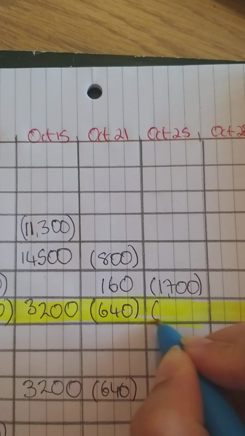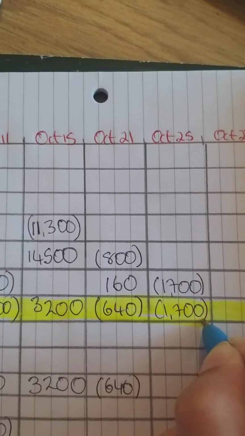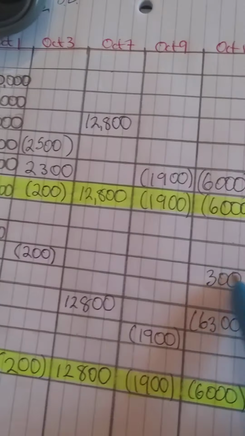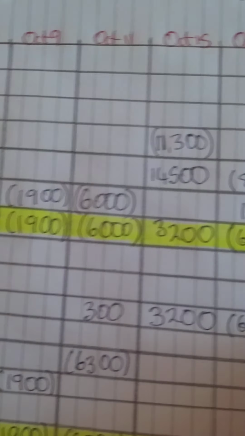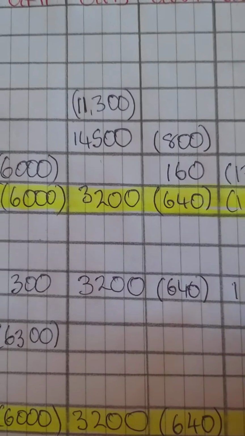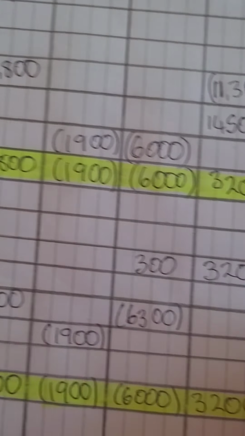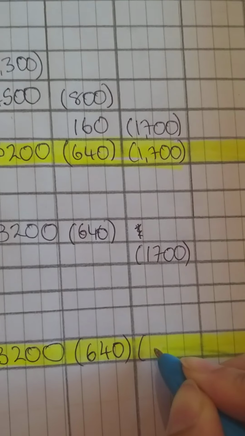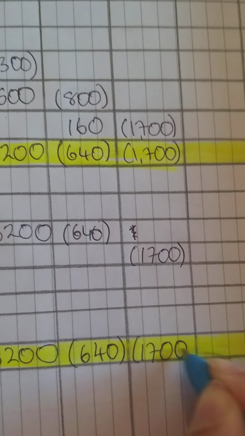So that'll give me a total of 1,700. And then we go to our profit and loss. Sorry, not my profit and loss, drawings, I meant to say, drawings. So it's negative, it's money coming out of the business. And that will give me a negative 1,700 down here as well.